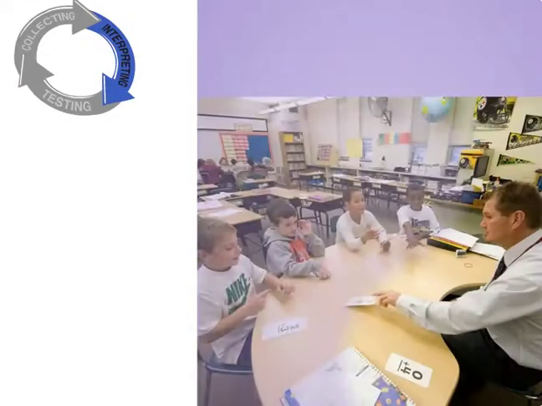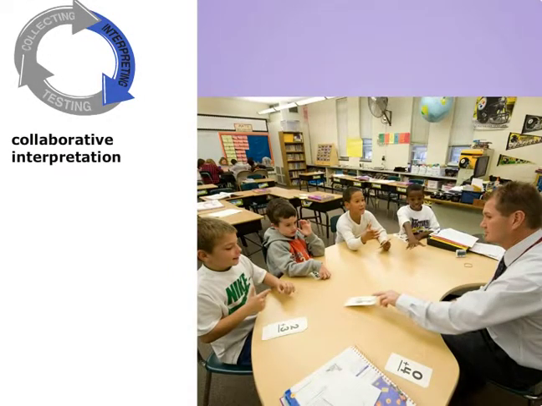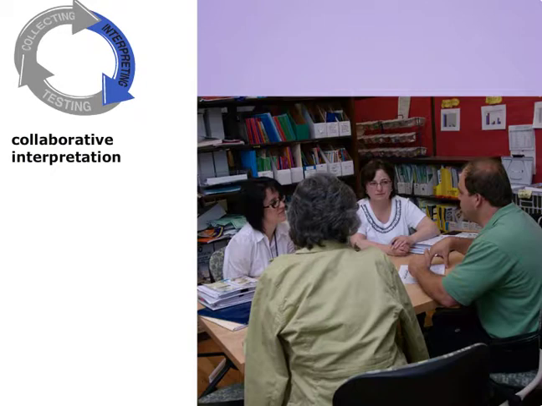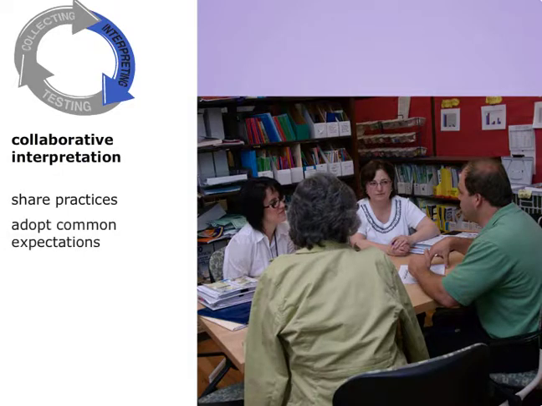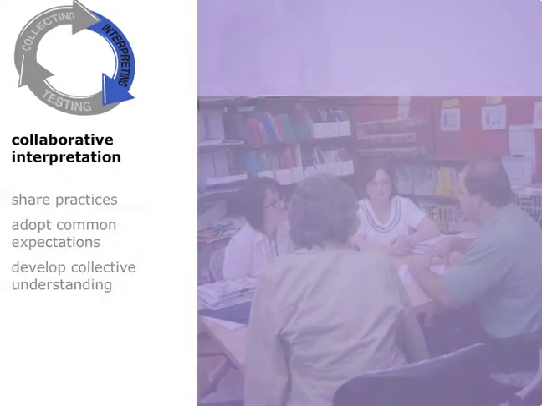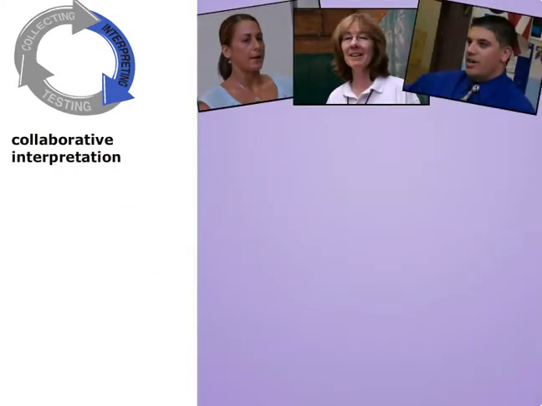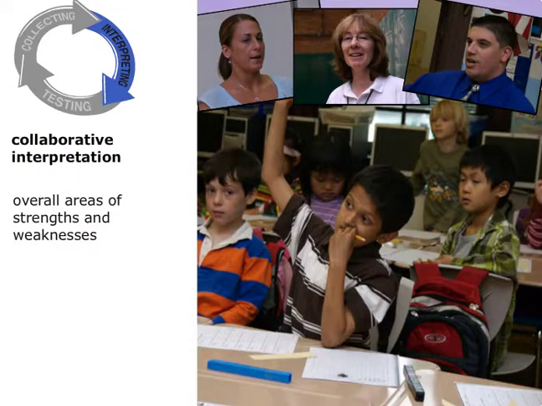Both teachers and students benefit when data is interpreted collaboratively in grade-level or department-specific teams. Through collaboration, teachers can share effective practices, adopt common expectations for student performance, and develop a collective understanding of the needs of individual students. When interpreting data, the first objective is to identify the overall areas of relative strength and weakness in each class so that instructional time and resources can be allocated to serve the most pressing instructional needs.